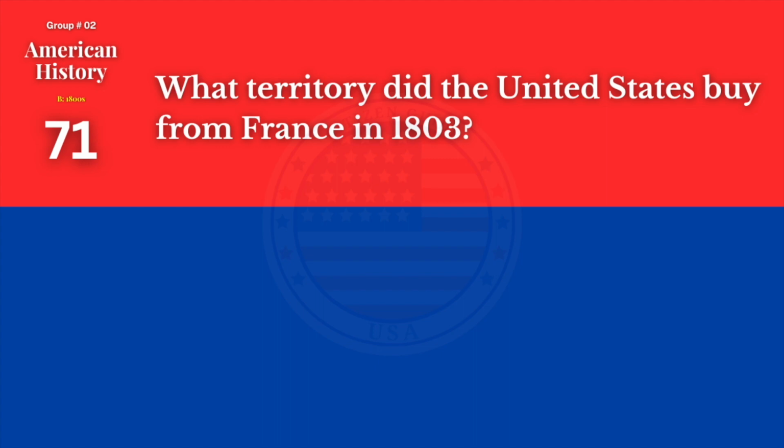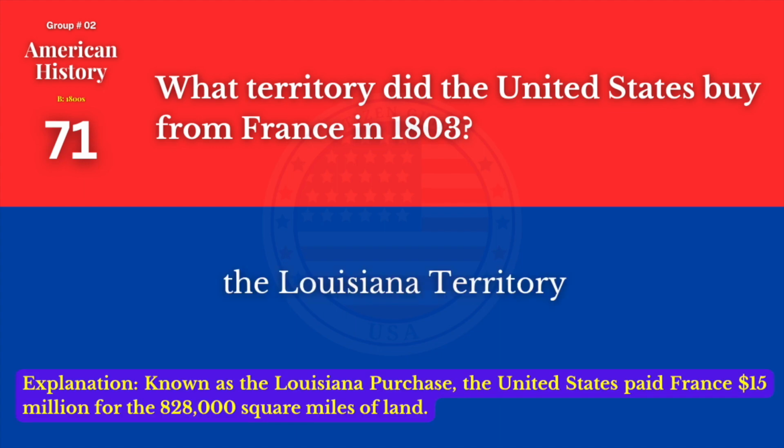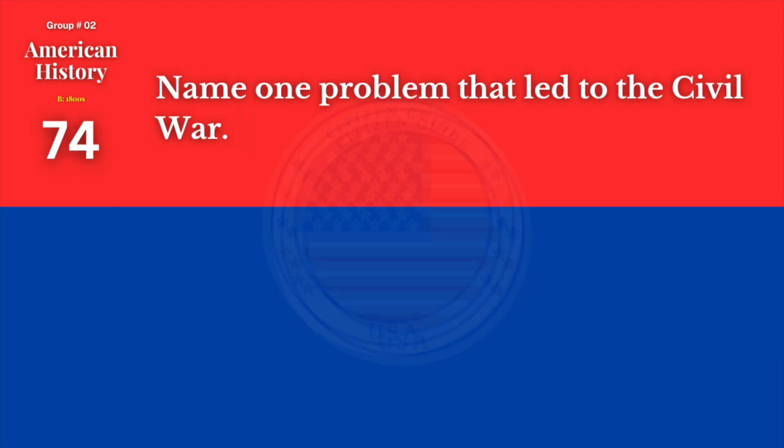What territory did the United States buy from France in 1803? The Louisiana Territory. Name 1 problem that led to the Civil War. Slavery.